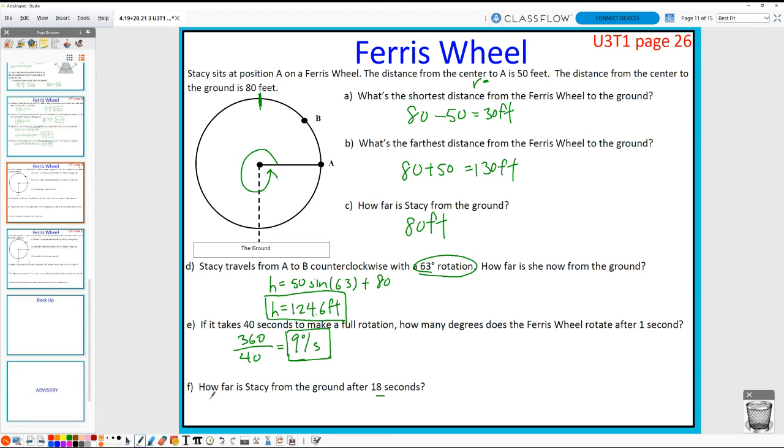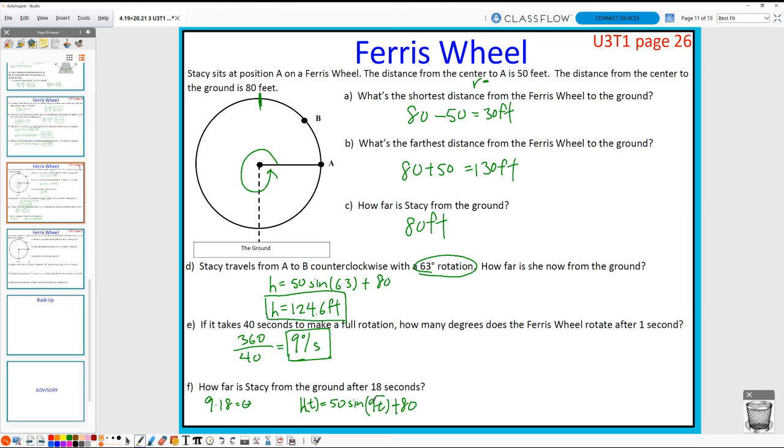So again, you can either do 9 times 18 and figure out your theta first and then use your original equation, or you can say h of t, or in this case h of 18, is equal to 50 sine of 9t plus 80. Right? All I'm doing is switching because I don't know the theta, the angle of rotation, anymore.